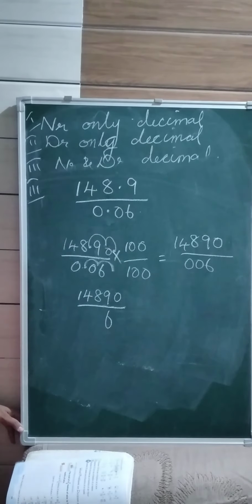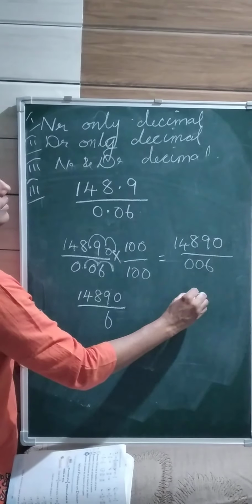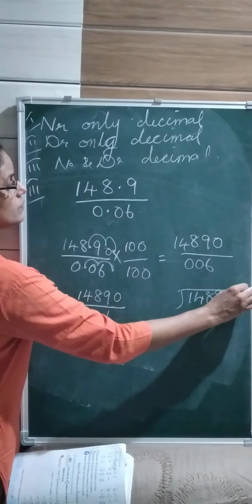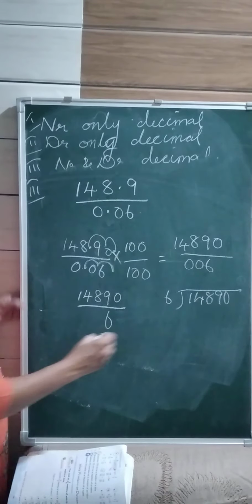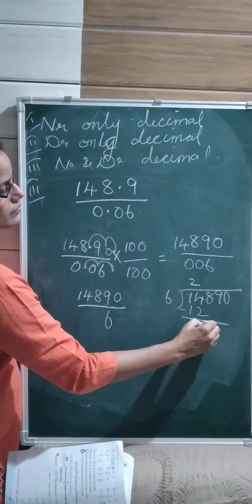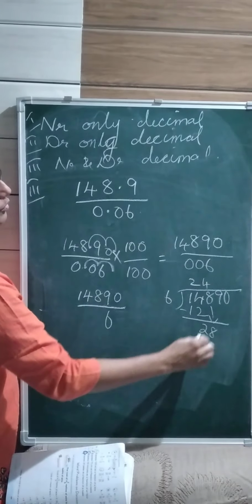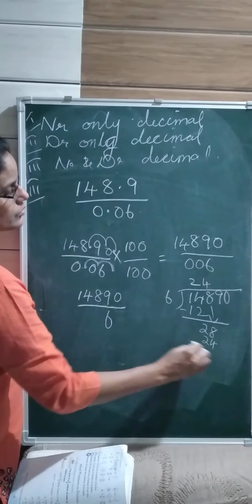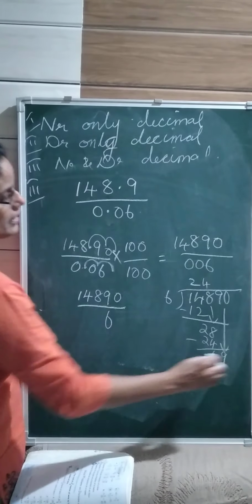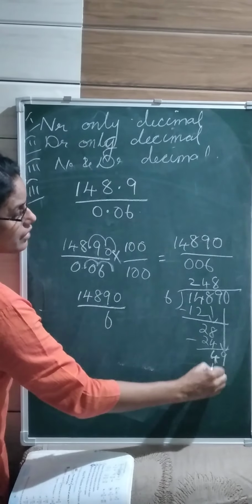Now do the proper division. 14890 by 6. 2 6s are 12. Next number is 8. 28, 4 6s are 24. Again the next number is 9, in 49, 8 6s are 48.